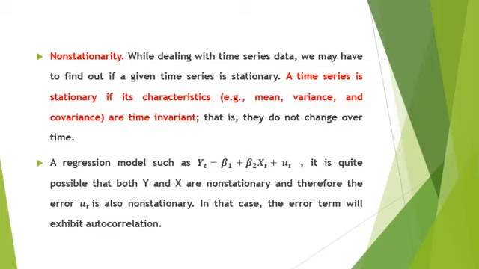In a time series regression model such as yt is equal to beta 1 plus beta 2 xt plus ut, it is quite possible that both y and x are non-stationary and therefore the error term ut is also non-stationary. In that case, the error term will exhibit autocorrelation. Therefore, non-stationarity of the data becomes another reason for the problem of autocorrelation.